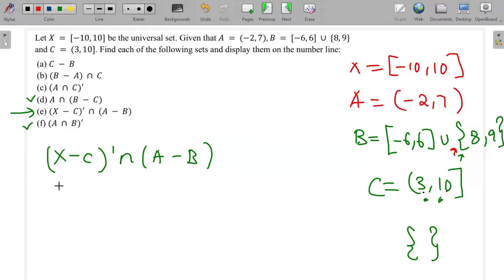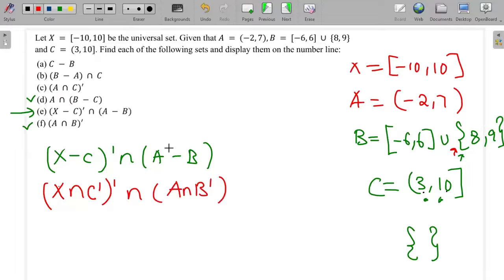So this will be X intersecting C complement in brackets, and then complement outside. And then intersecting A, minus B, which is the same as intersecting B complement, like that.